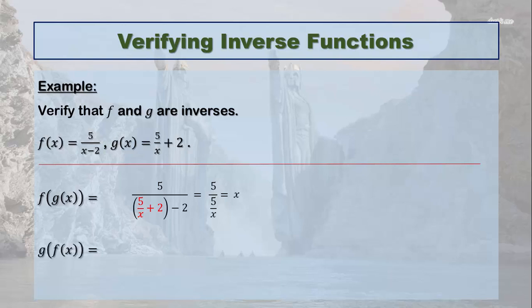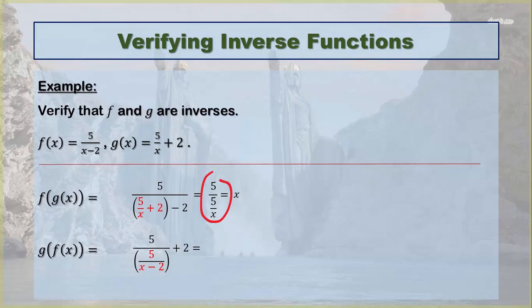What I mean is we have to figure out g of f of x. So we need to plug f into g, which will look like this. All right, and using the same logic that we did on the 5 over x with that composite function, you multiply by the reciprocal of the denominator, and you should get this.